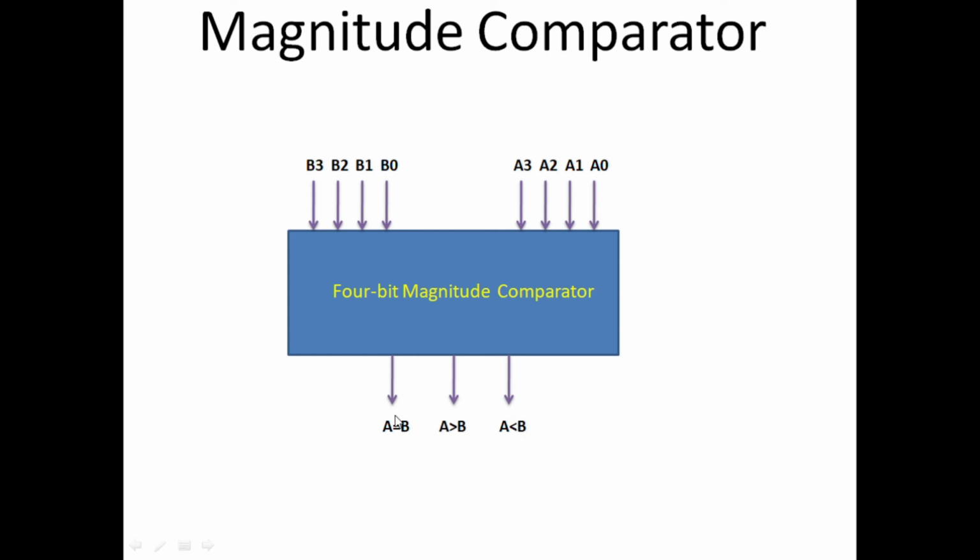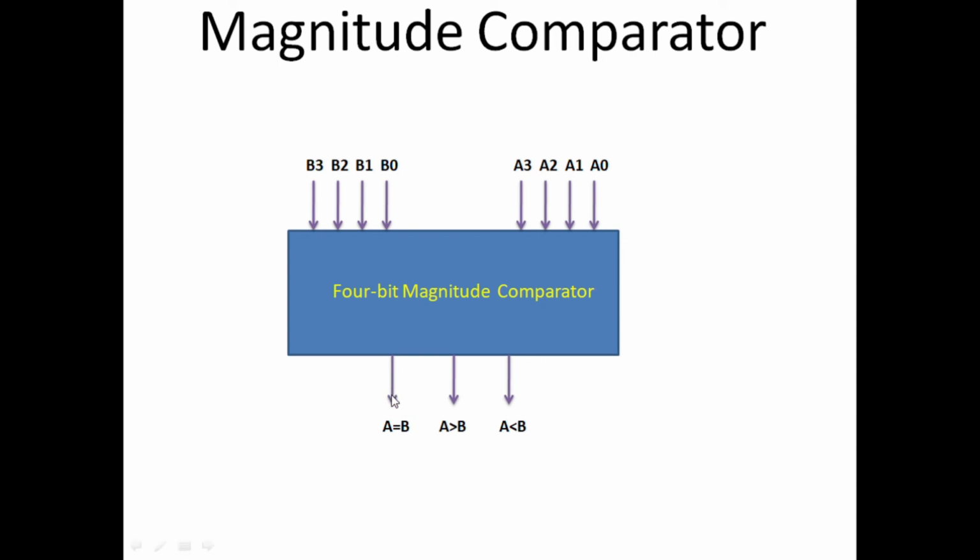One output tells us if A is equal to B, the other output tells us if A is greater than B, and the third output tells us if A is less than B. And one thing must be noted, and that is that at one time only one of the 3 outputs is 1, the other 2 outputs must be 0.